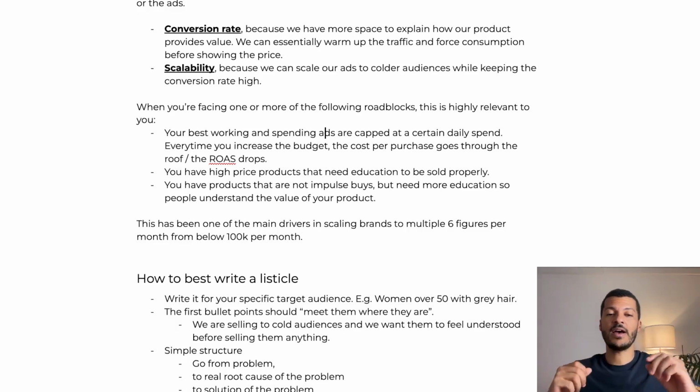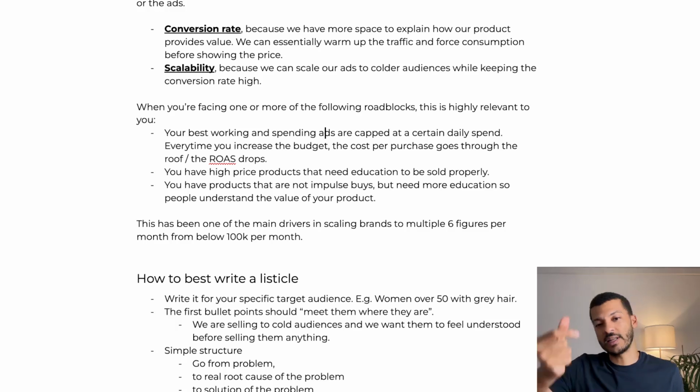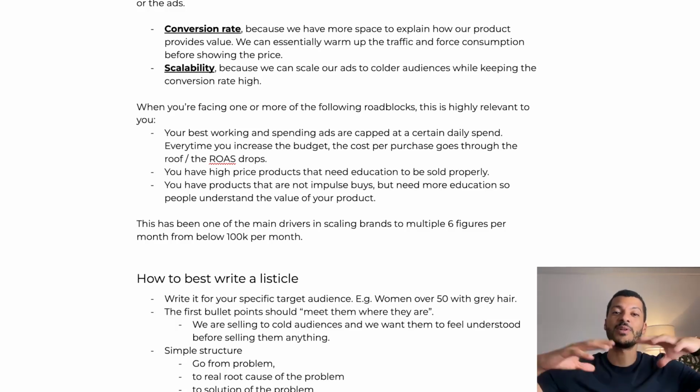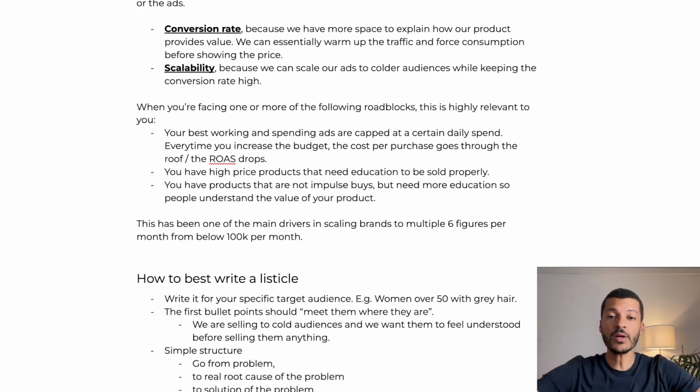So every time you have a product that costs, let's say, $200, $300, right? This is not an impulse purchase in a sense. It's not something that people just lightly say, oh, whatever, I'm just going to try out this $300. Of course, there are people like that, but I'm talking about the vast majority of your target audience.